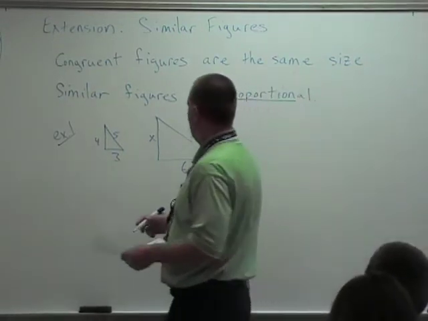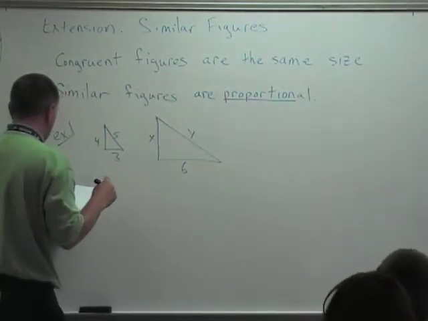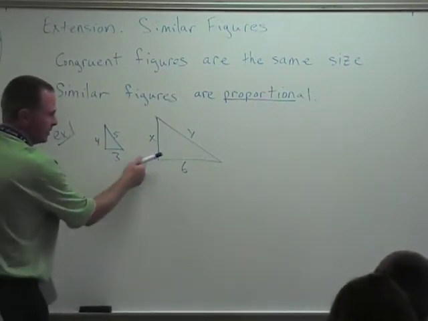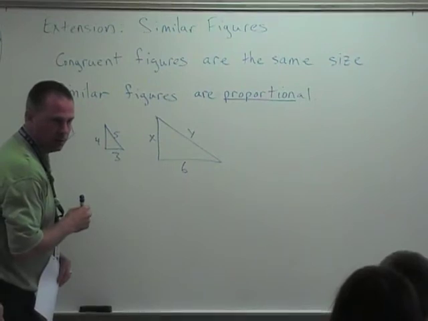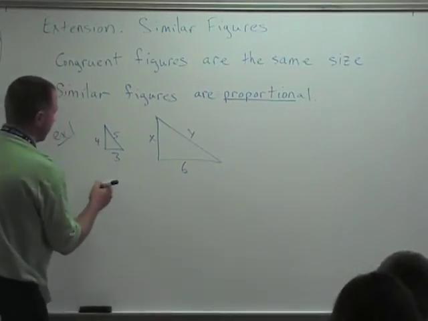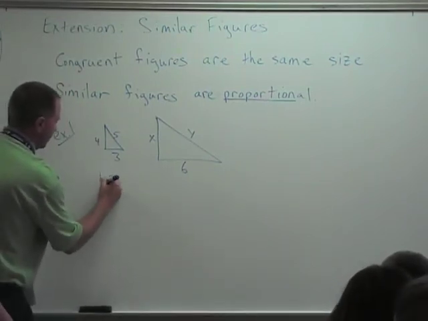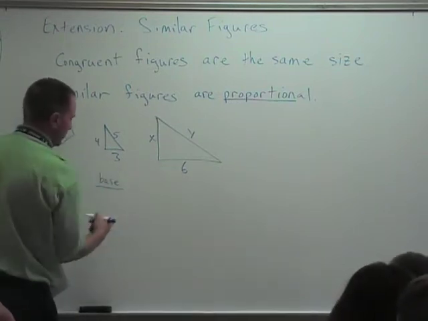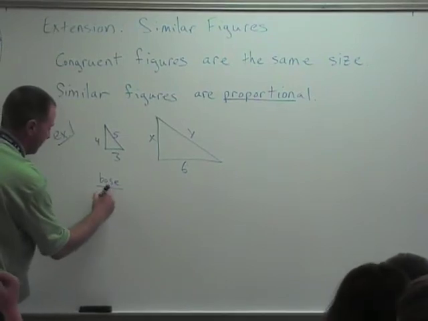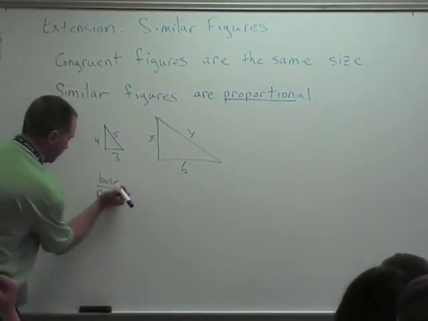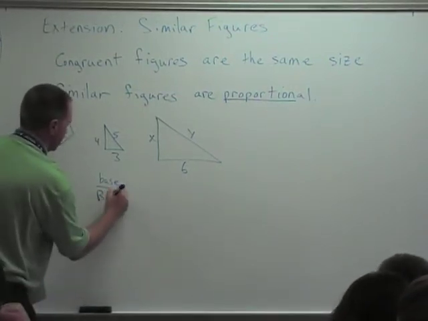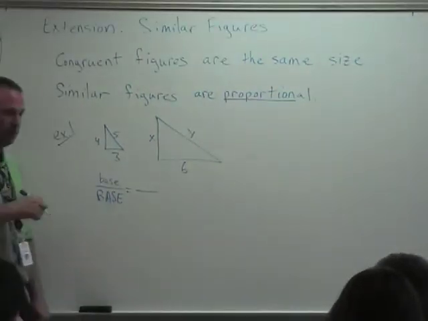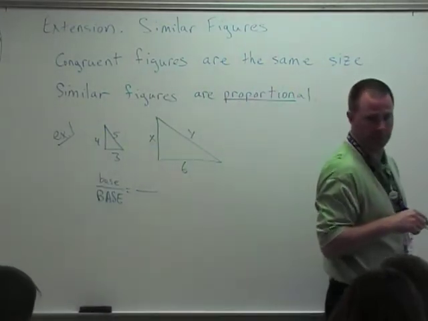So here's how I wrote this. Basically, for this small side I use lowercase letters. This side I'll use uppercase, just to show you what I'm talking about. If I want to use this base here, and I want to say that base is to the larger base, that bigger side, so all capital letters here, then this fraction in the proportion better be the exact same type of thing.